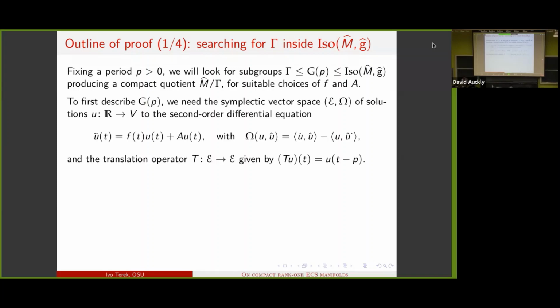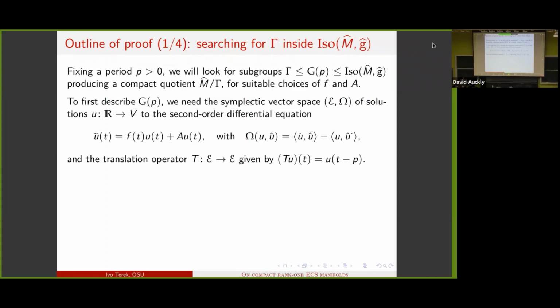Okay? So to first describe GP, we will look at this symplectic vector space of solutions to the second order differential equation that's built from F and A. Morally speaking, this is the Killing equation, okay? Because you'll be looking for isometries of that PP wave. And you get this natural symplectic form.